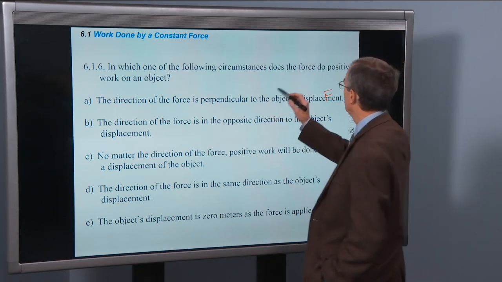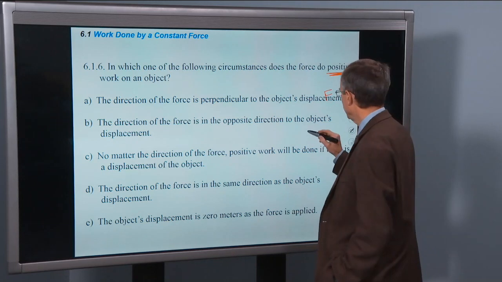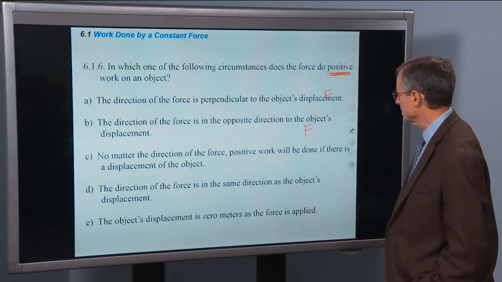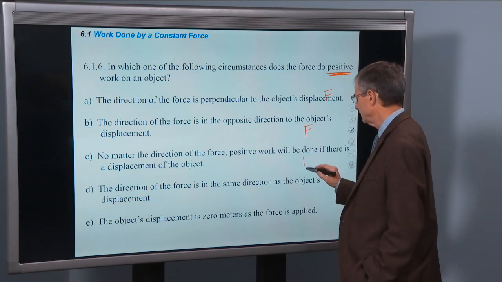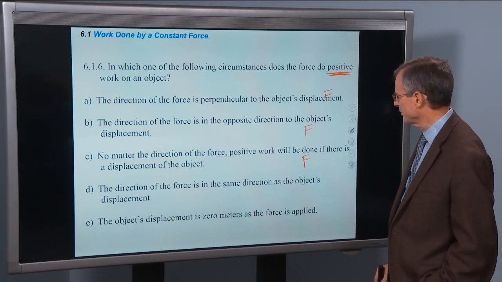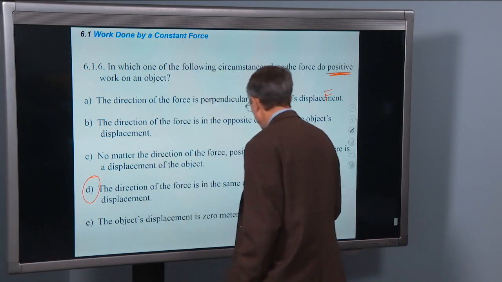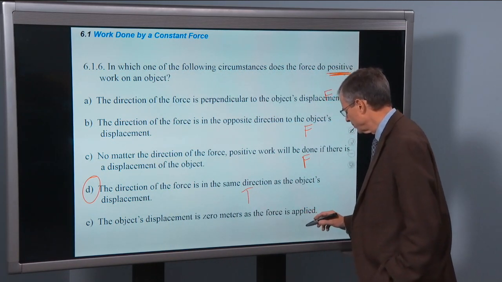You can't get a positive amount of work in that case, because in this case you get a negative. No matter the direction of the force, positive work will be done if there is a displacement of the object. Not true. Depends on the angle. The direction of the force is in the same direction as the object's displacement, and this is the one that we're looking for. The object's displacement is 0 meters as the force is applied.